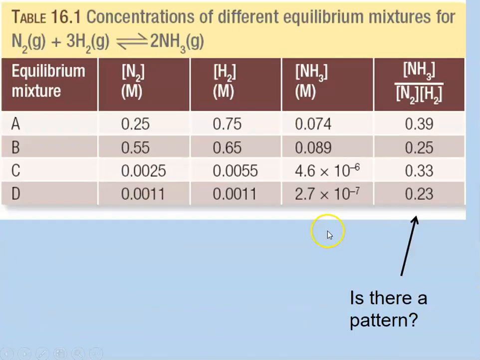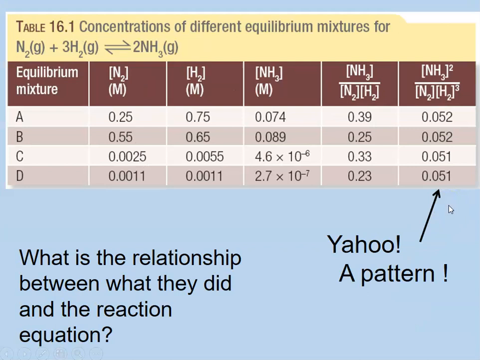All right, so first, they tried a straightforward fraction. They made the products over the reactants and had a look, and didn't find a pattern. Then some mathematical person must have realized that there was a relationship between the mole ratio and the concentration. So they put the concentrations to the power of the mole ratio amounts, set up a fraction again, and found that the number was consistent.